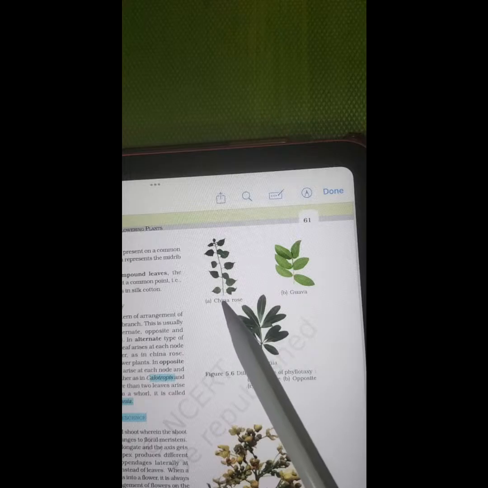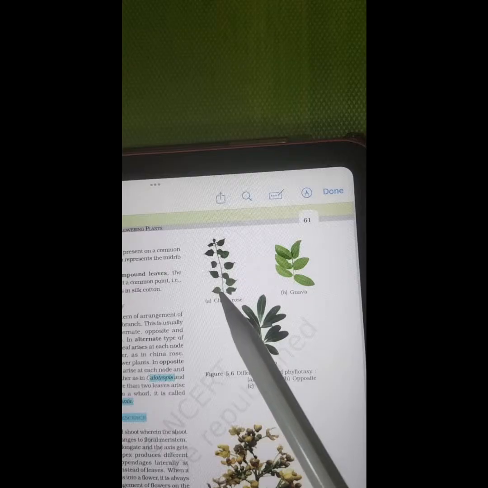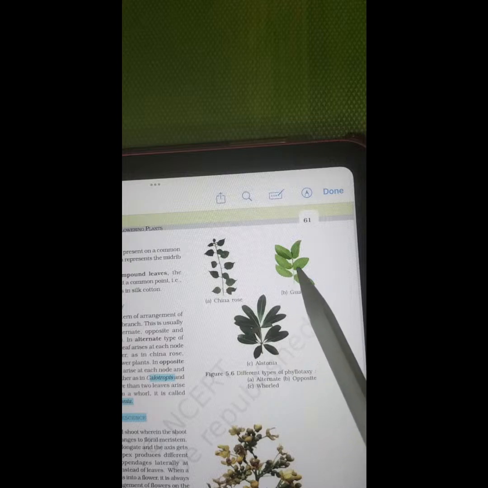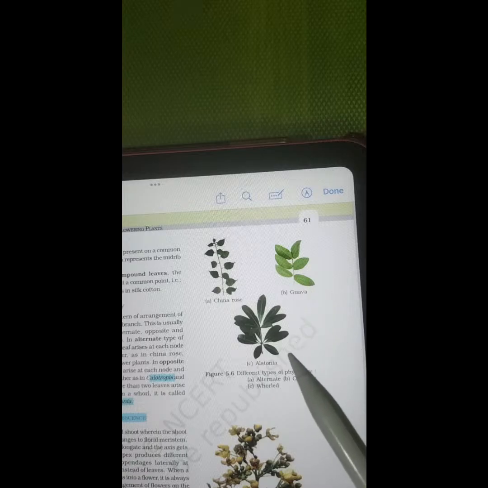So if at each node only one leaf is born, one on the right and another time on the left, and this goes on, then the phyllotaxy is named alternate. But if at each node you find two leaves, see here, this is the node and these are two leaves, this is the node and these are the two leaves, then such a type of phyllotaxy is known as opposite phyllotaxy.